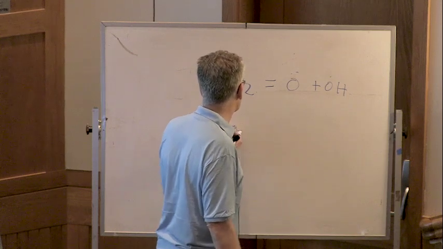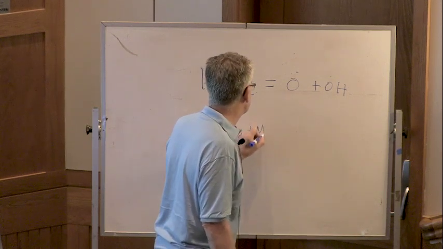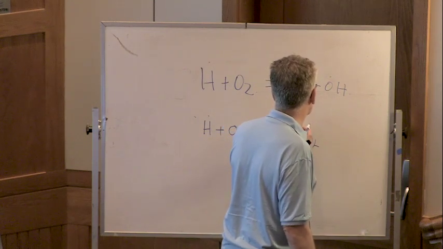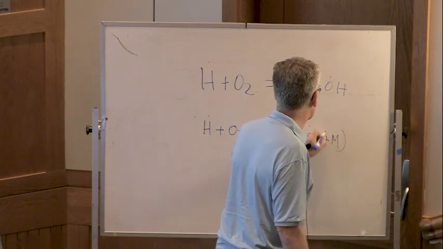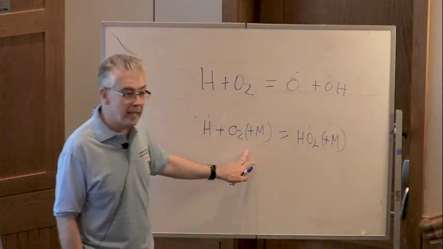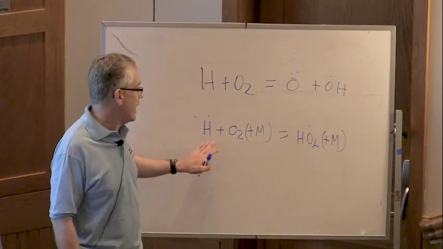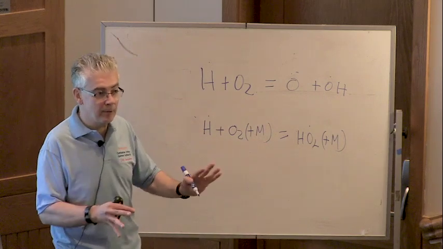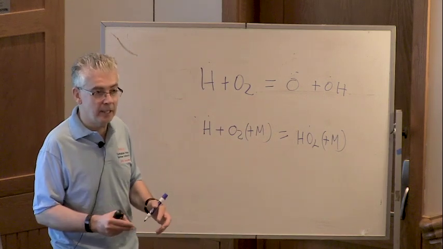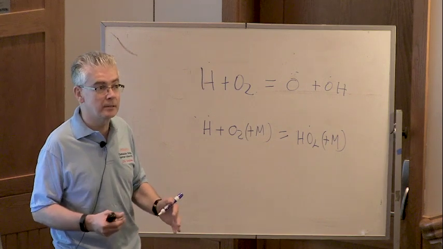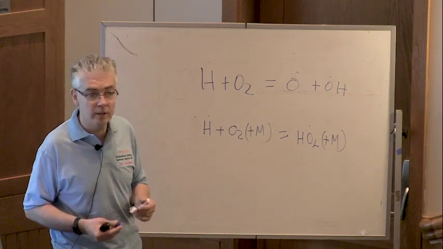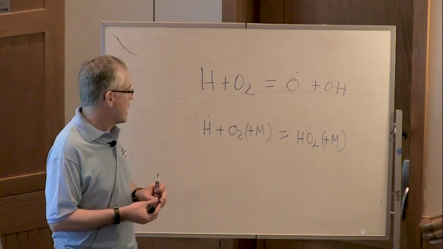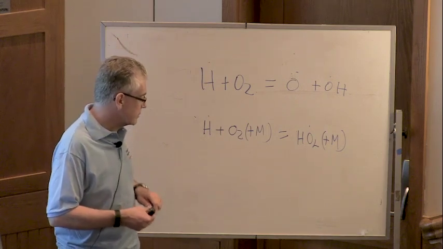We have H plus O2 plus M gives HO2 plus M. And now this is termolecular. H plus O2 plus M, where M is all the molecules that are in the system, including oxygen and the diluent, argon or nitrogen or whatever your diluent gas is. So that's termolecular.